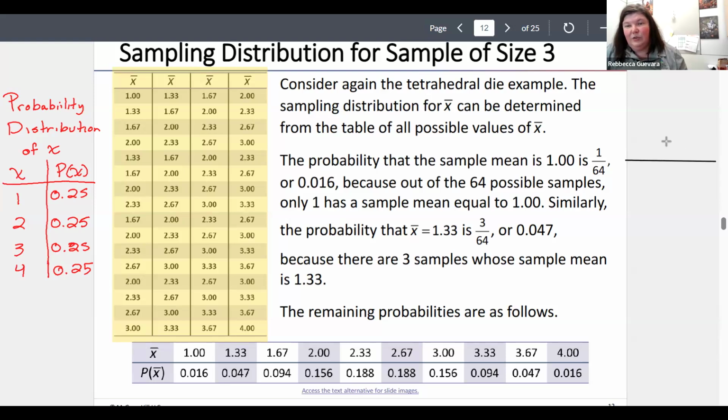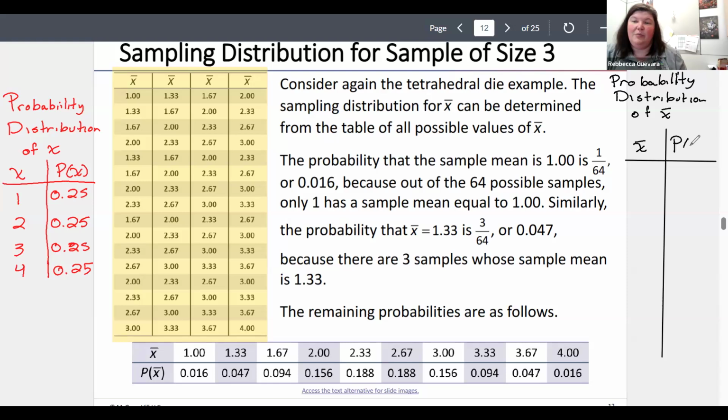Well, we can do a probability distribution as well. I can do a probability distribution of the means, so I'm going to talk about a probability distribution of x bar instead. We'd have an x bar, and now we're looking at the probability of a particular x bar.